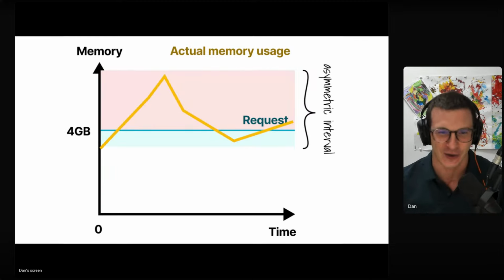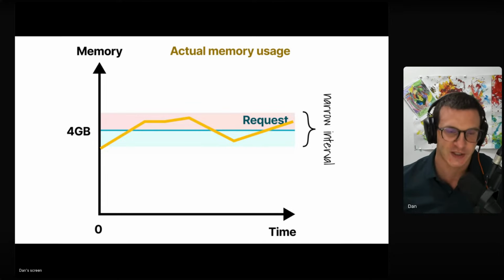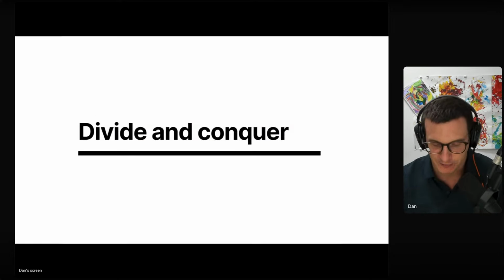It could be very low under the request and very high over it, or it could be very narrow. But very narrow is where we want to be, because if your profile is very narrow, you're very, very close to the request. Yes, I can make some errors, but overall, I'm close to the request I defined. So this is ideal.